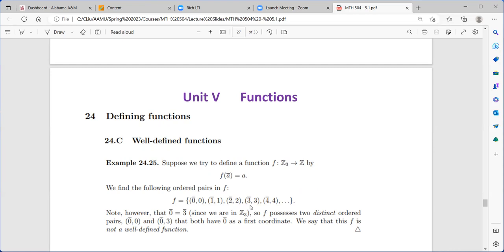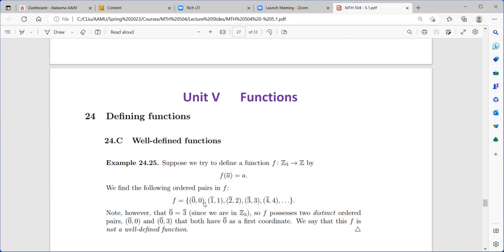And if a is equal to 3, you get output 3. So the next ordered pair is 3 bar, 3, and similarly the following is 4 bar, 4. But you can see 3 bar is the same as 0 bar, because when you divide 0 and 3 by 3, you get the same remainder, which is 0.